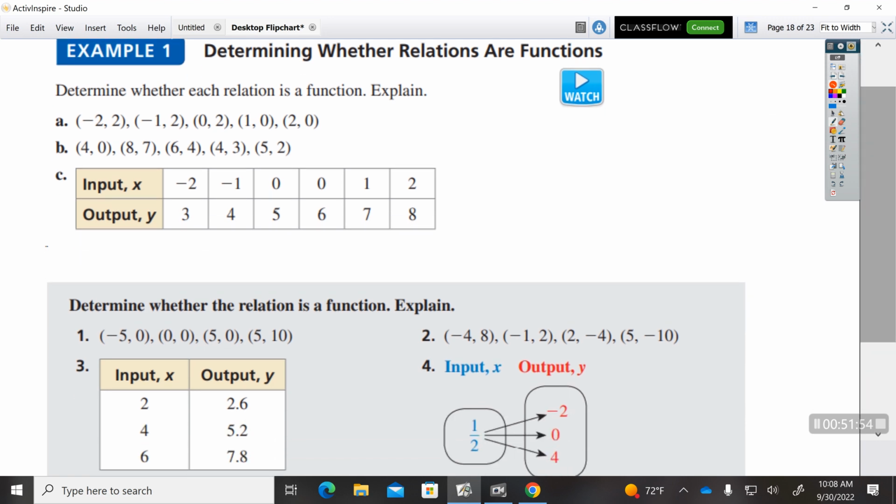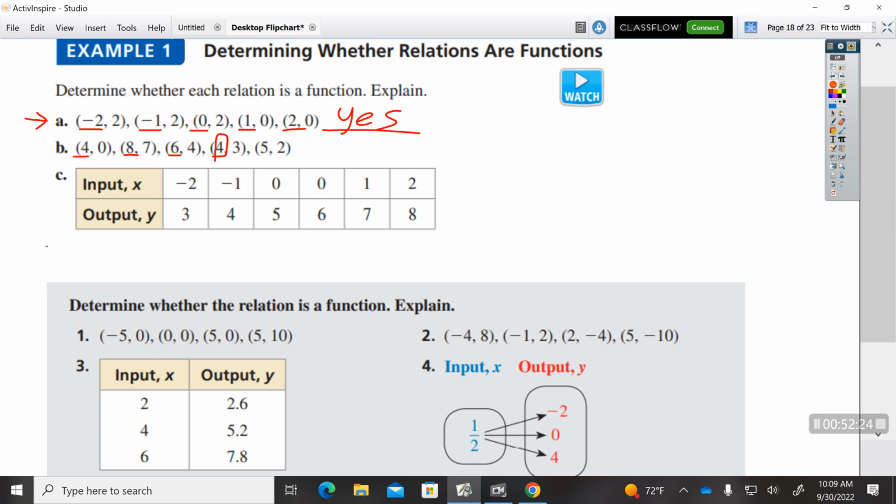So, now on this one, same concept as a graph, but easier because you don't have to do the pencil trick. You're just looking at the column of the x. So here, on letter A, look at all of the x values. -2, -1, 0, 1, 2. Did any of those numbers repeat? So that is a function. Over here, 4, 8, 6, 4.